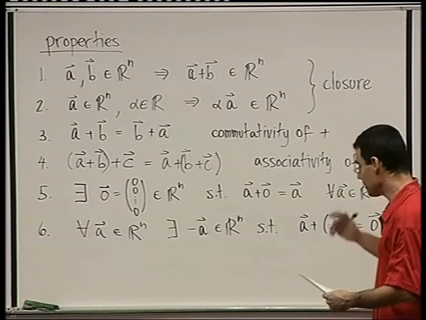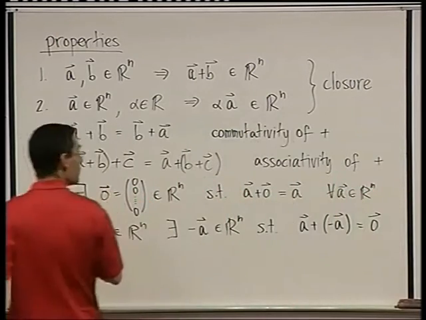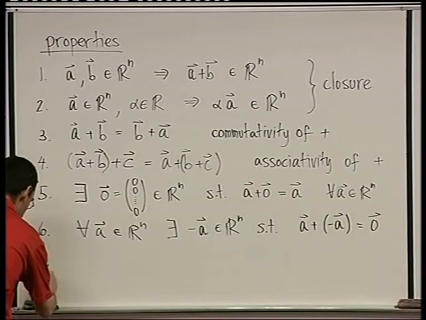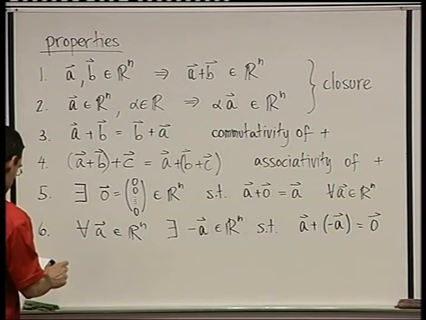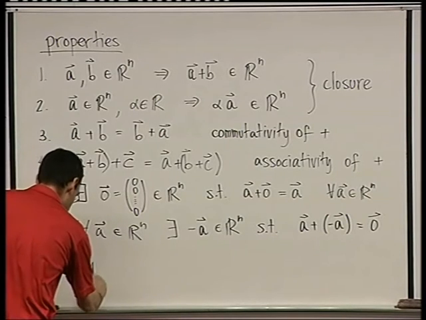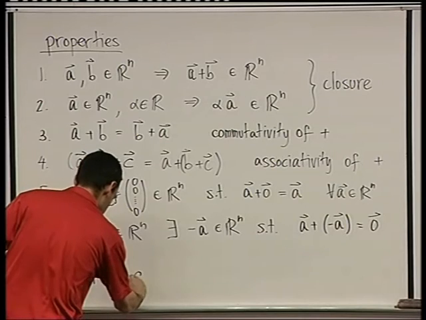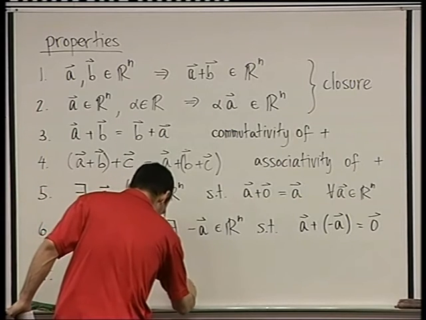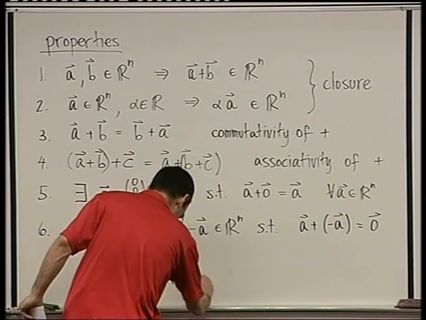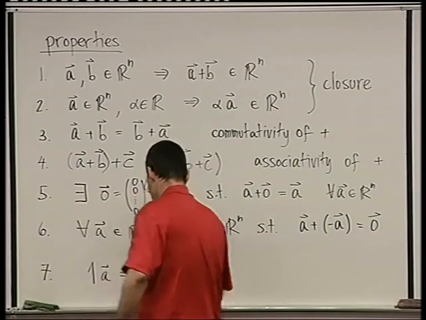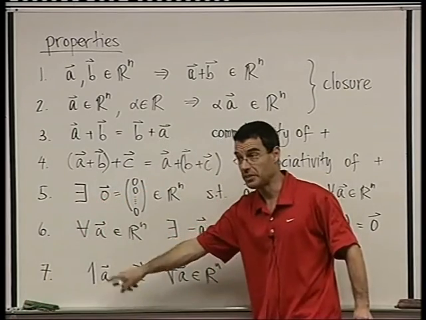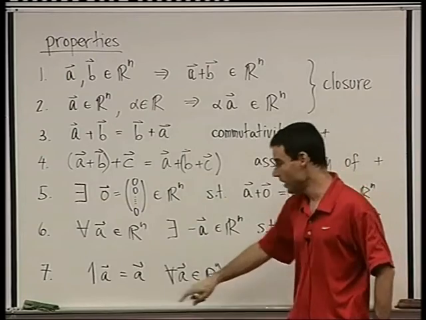4 more properties. We're going to need another board. Property number 7, 1 times a equals a for every a in Rn. What is this 1? Scalar. Right, it's the scalar 1. It's the number 1 in the field.